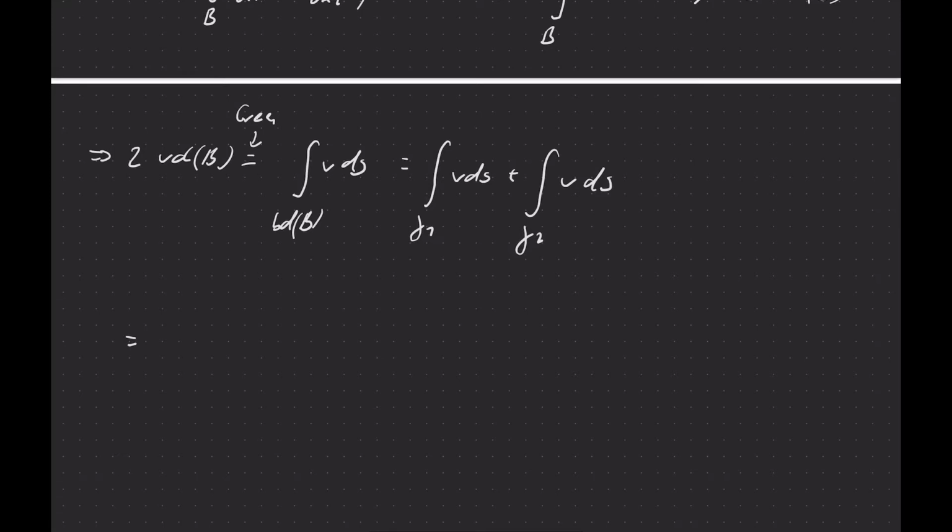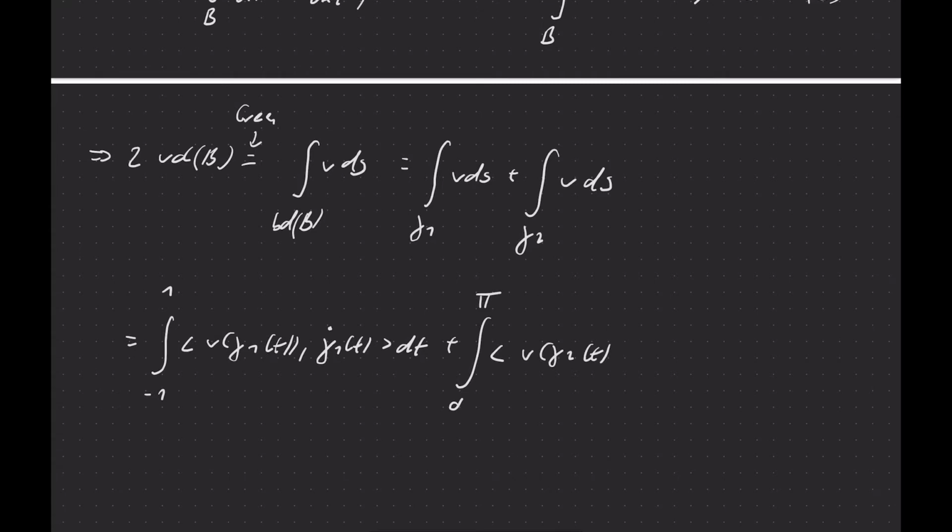So this is, for the first curve, the integral from -1 to 1 over v of gamma 1 of t, scalar product with gamma 1 dot of t dt. And the second one, we integrate from 0 to pi minus, the integral of v of gamma 2 of t with gamma 2 dot of t dt.